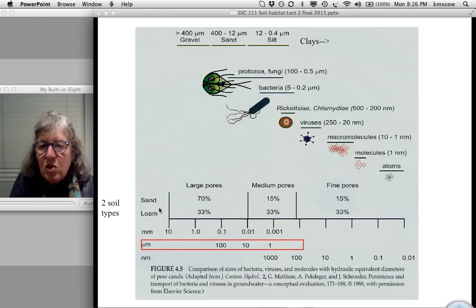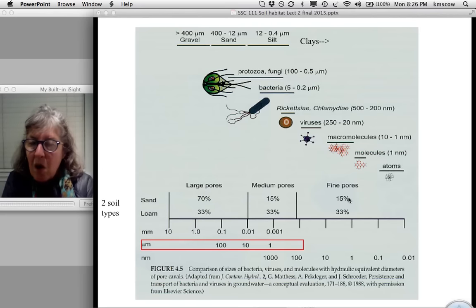And here's two kinds of soils: a sandy soil that has a large portion of its pores being very large pores, and not many small pores, in contrast to a loam that's going to have a nice mix of very small, medium, and large pores.